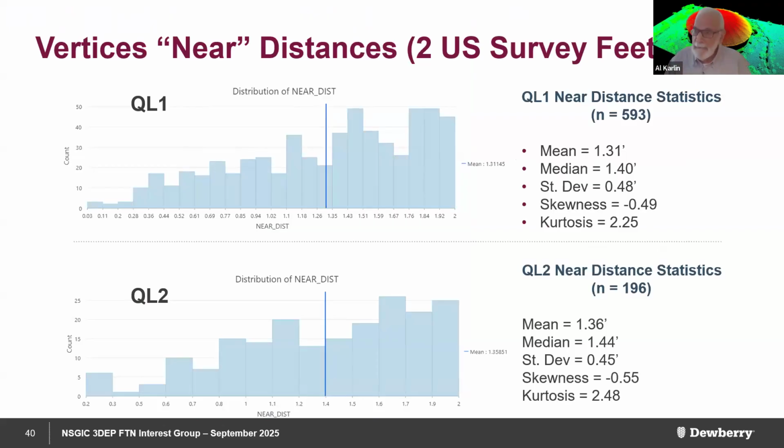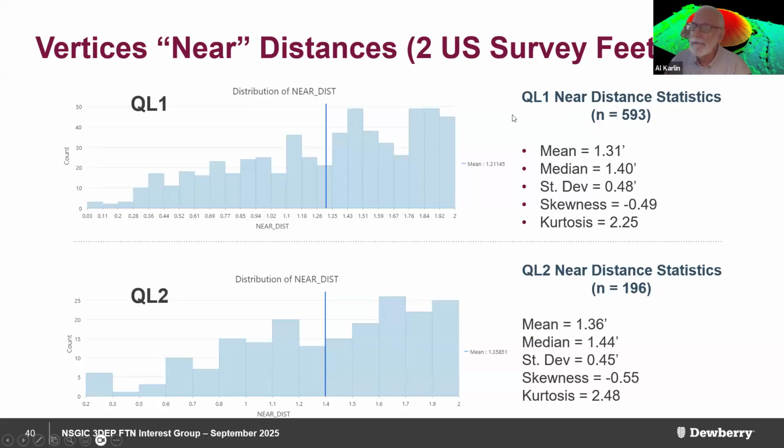I generated my near table by asking, from those 8,000 some odd control vertices, find me the nearest vertex from my generated lines that was within 2 feet. So if you remember, we started with about 4,000 vertices in both the QL2 and the QL1 DEMs.